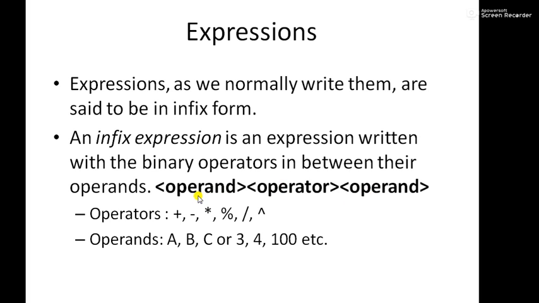An operand can be some variables or it can be some values. A binary operator can be addition, subtraction, multiplication, modulus, division, and exponential. So for example, a plus b can be an infix expression.